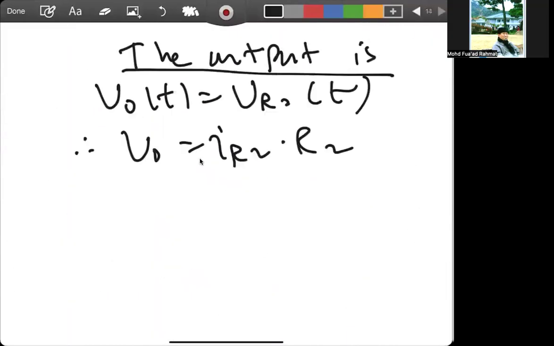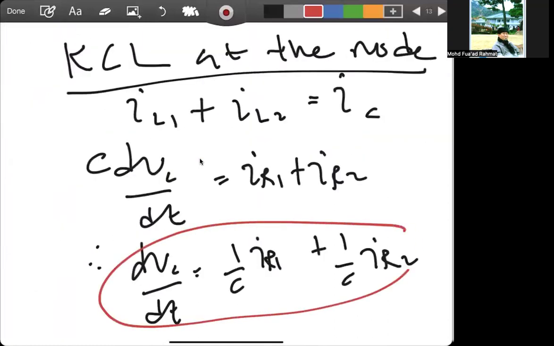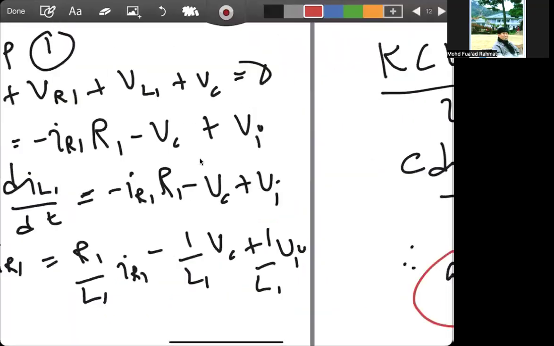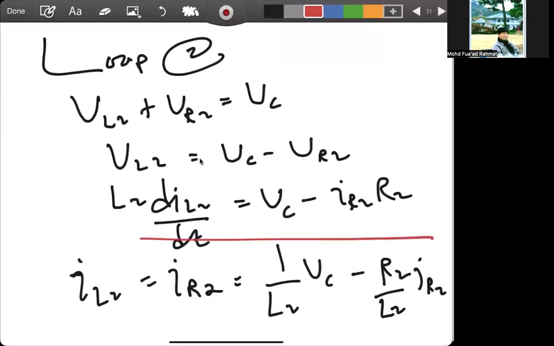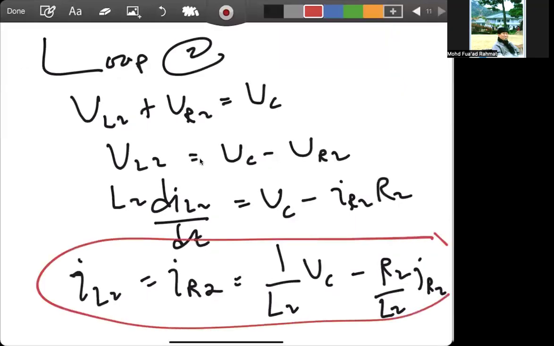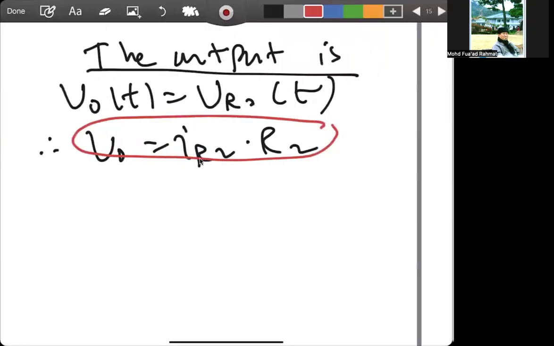And then from there, you plug into the matrices these equations, these equations, these equations, and these equations.